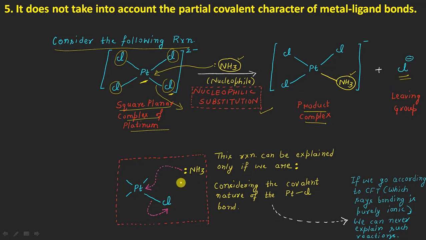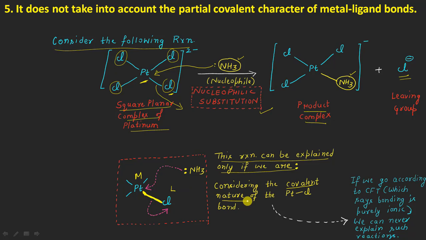So the important point to understand is that in such nucleophilic substitution reactions, the attack of ammonia and then the elimination of the leaving group can only be explained if we consider that this bond between the platinum and the chlorine, or let us say between the metal and the ligand, has a partial covalent nature, right?